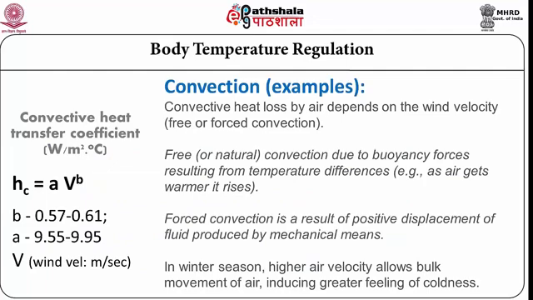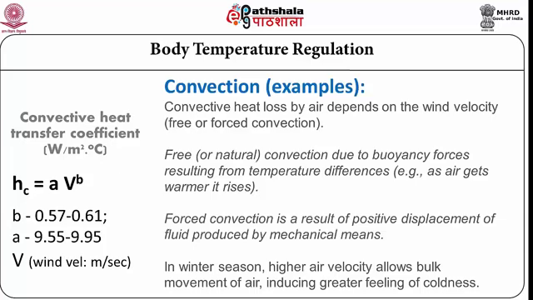Let us explain it a little differently. Convective loss by air depends upon the wind velocity, because wind is air flowing from one direction to the other at different velocities. Up to a certain velocity, we refer to it as free convection.